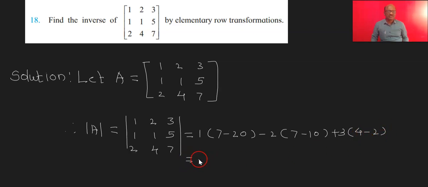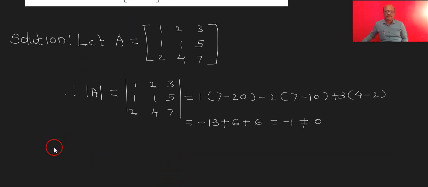That is minus 13, and minus 3 minus 2 plus 6, 4 minus 2, 2, and then you will get 6, and overall that is minus 1, which is not equal to 0. Therefore the determinant is not equal to 0, and hence A inverse exists.